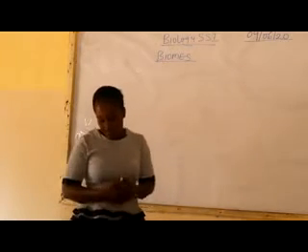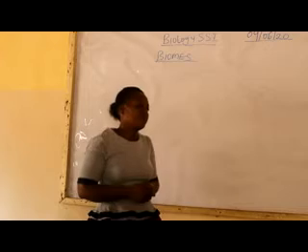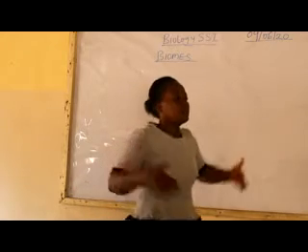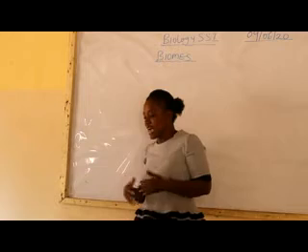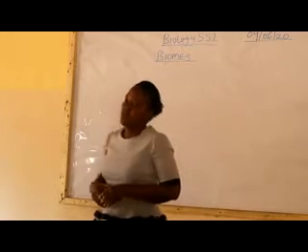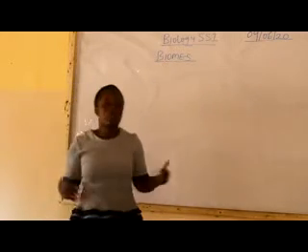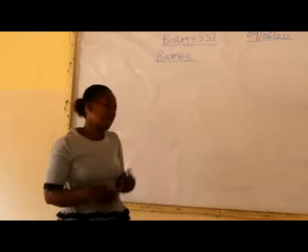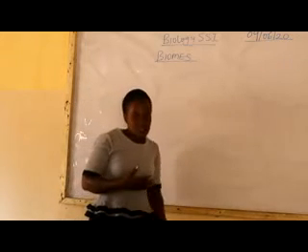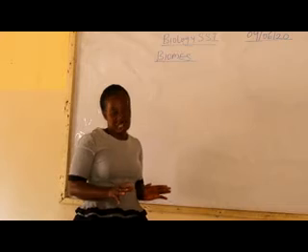A collection of many tissues gives us organs. And when organs find themselves together, they form what we call an organ system. From organ systems, they join to form the whole multicellular organism. That is from the smallest to the largest.